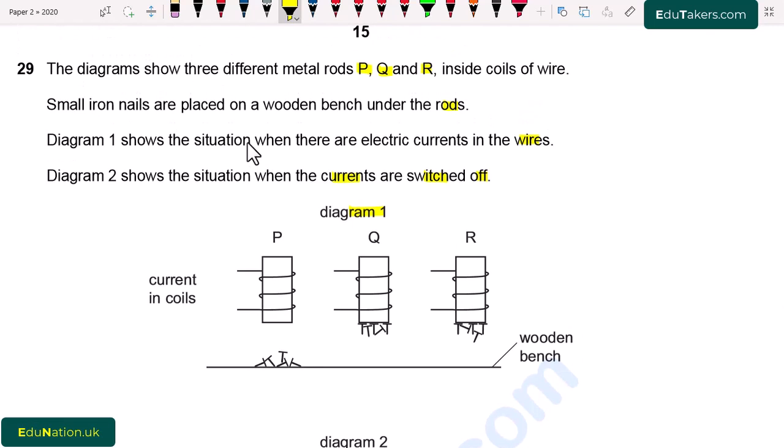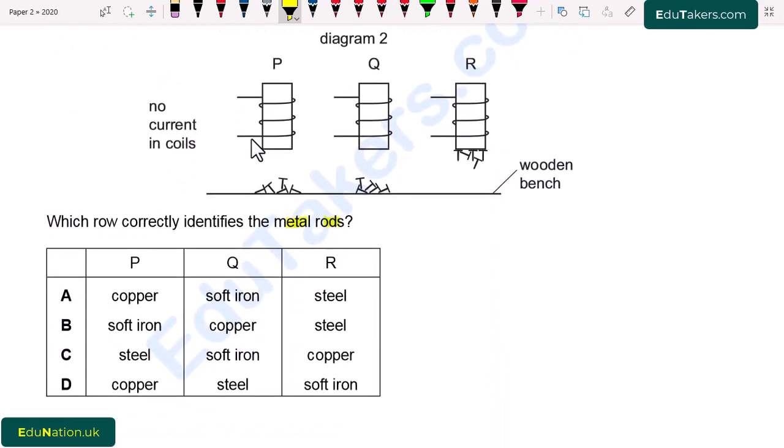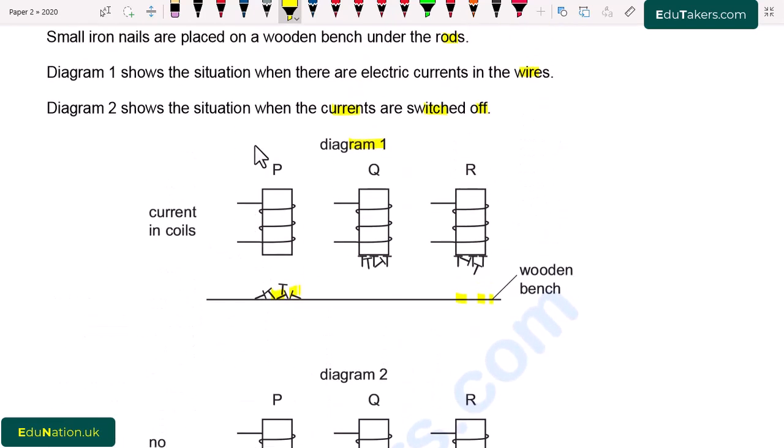So first of all, we can see here there is a wooden bench and also these nails. The rods are made from copper, iron and steel. We have to identify which one is copper, iron and steel. When the current in the coils is passing, the nails are attracted towards the coil, which means that in Q and R the nails are attracted towards the coil.